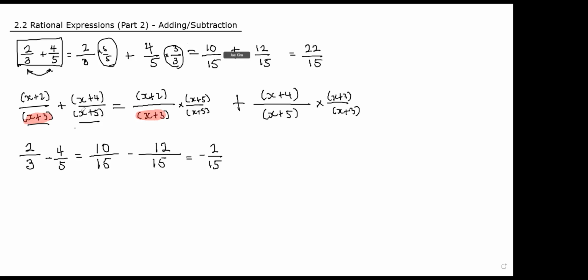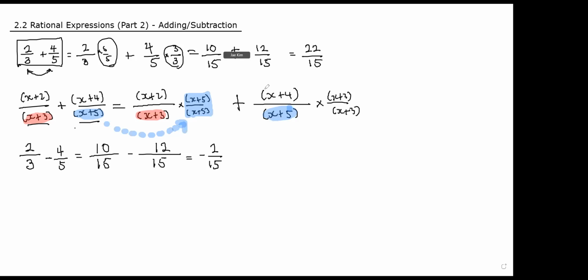The x plus 5 is here. And because I want the denominator x plus 3 to be the same as the other fraction, I am multiplying by 1 using the previous denominator right there.